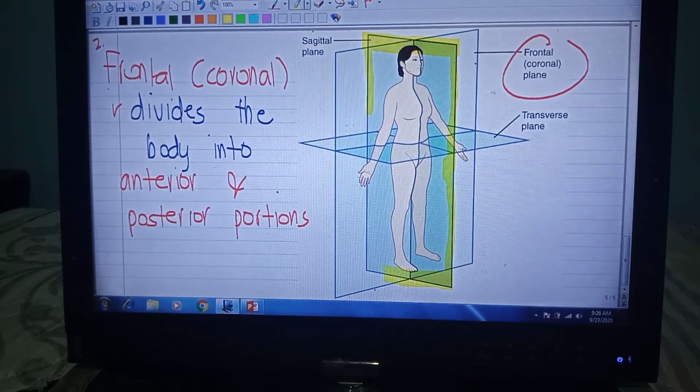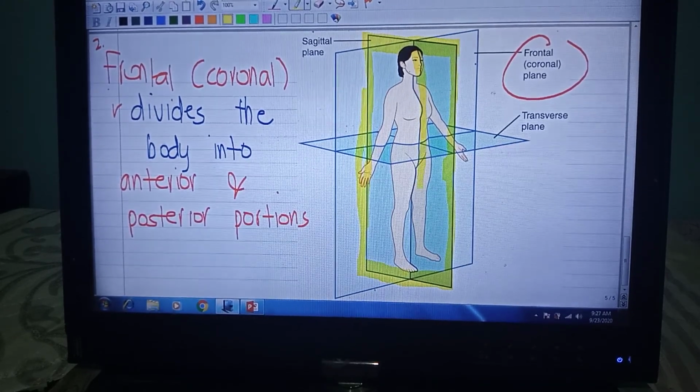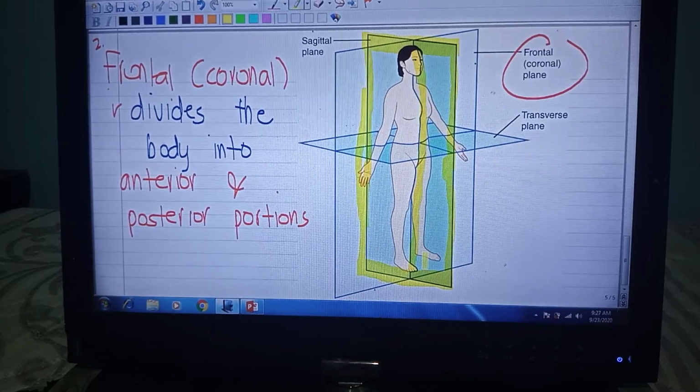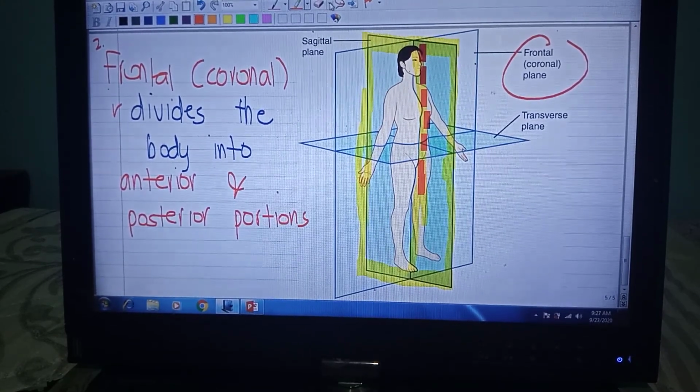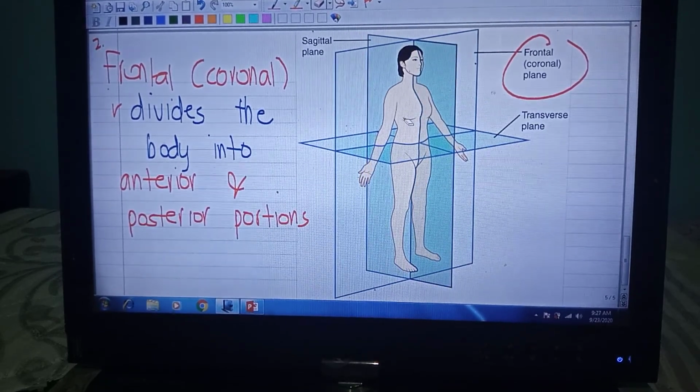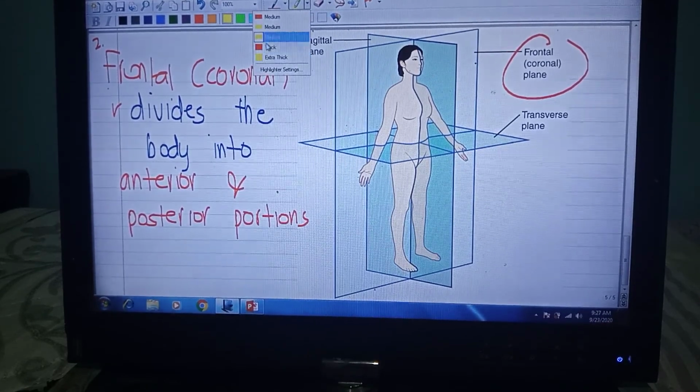Pag hinati mo into left and right, sagittal plane. Pag sa gitna mismo, mid-sagittal. Pero kapag hindi eksakto, para-sagittal.